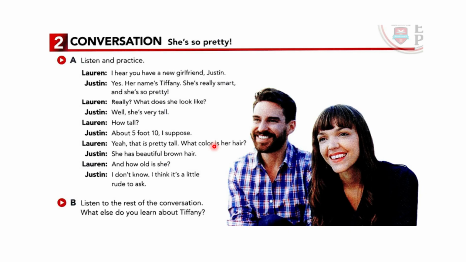Yeah, that is pretty tall. What color is her hair? She has beautiful brown hair. And how old is she? I don't know. I think it's a little rude to ask.